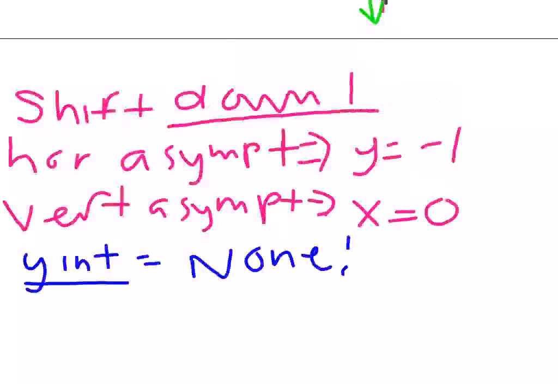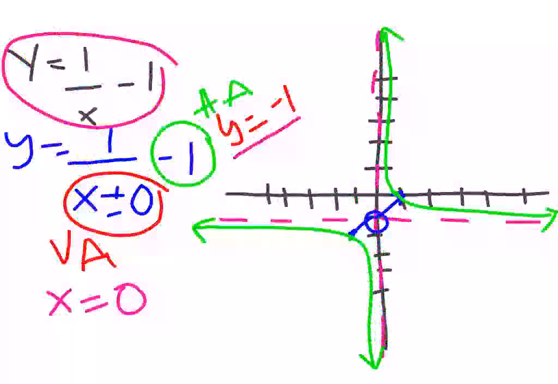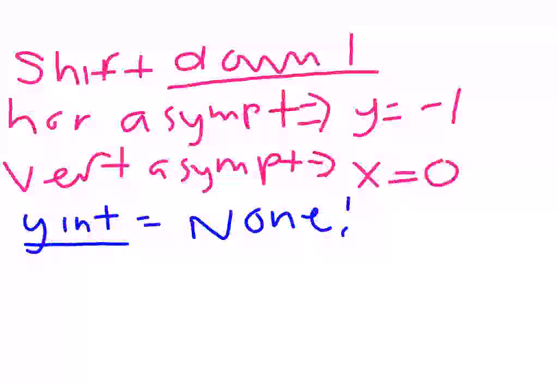I did this in class second period, so let's talk about it here. You can also find your y-intercept by letting x equal 0, because if we're passing through the y-axis, that corresponds to x equals 0, right? So we let x equal 0 to find our y-intercept.